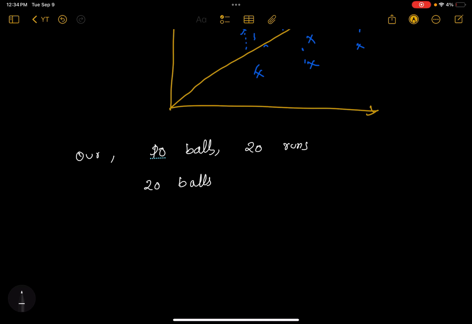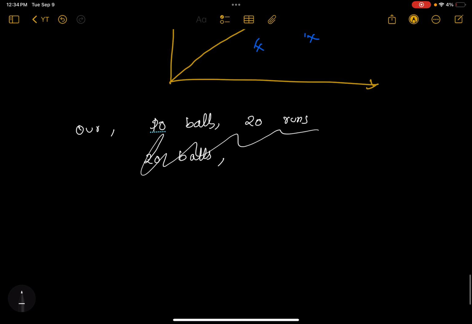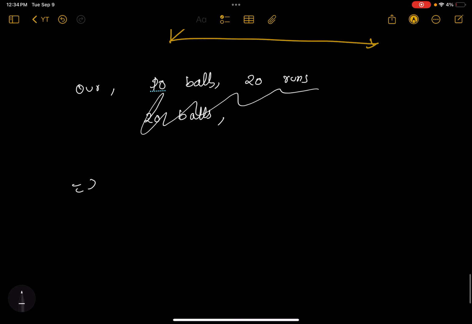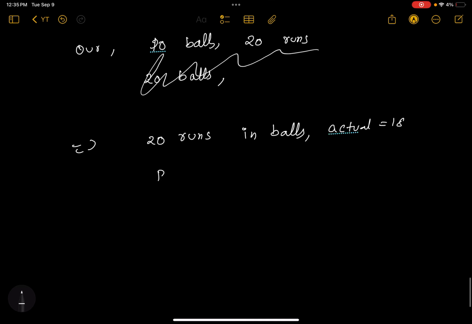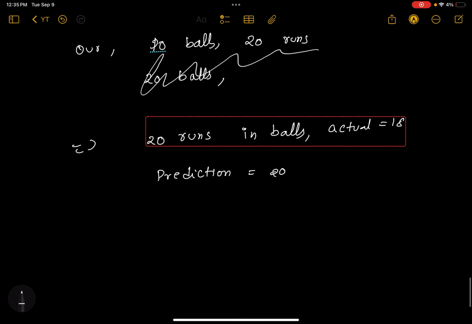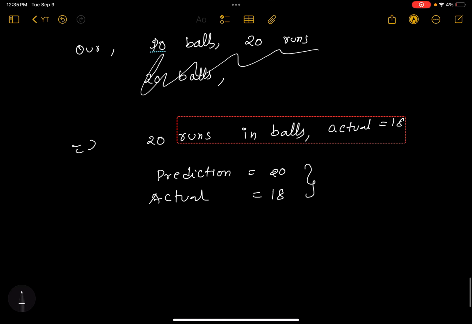So suppose our line predicts 20 runs in 10 balls, but actual is 18. So our prediction is 20, actual is 18. What's the difference? 20 minus 18, 2.